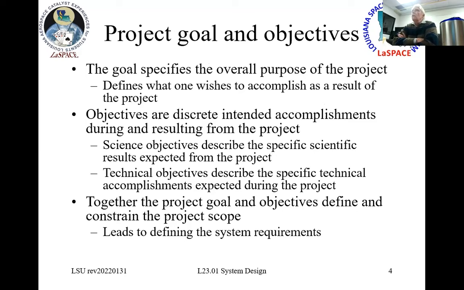So what's a goal and how is a goal different from an objective? A goal specifies the overall purpose of the project. It defines what you wish to accomplish as a result. Very typically, I usually say that the goal should be a one-sentence description of the who, what, where, and why of the project.